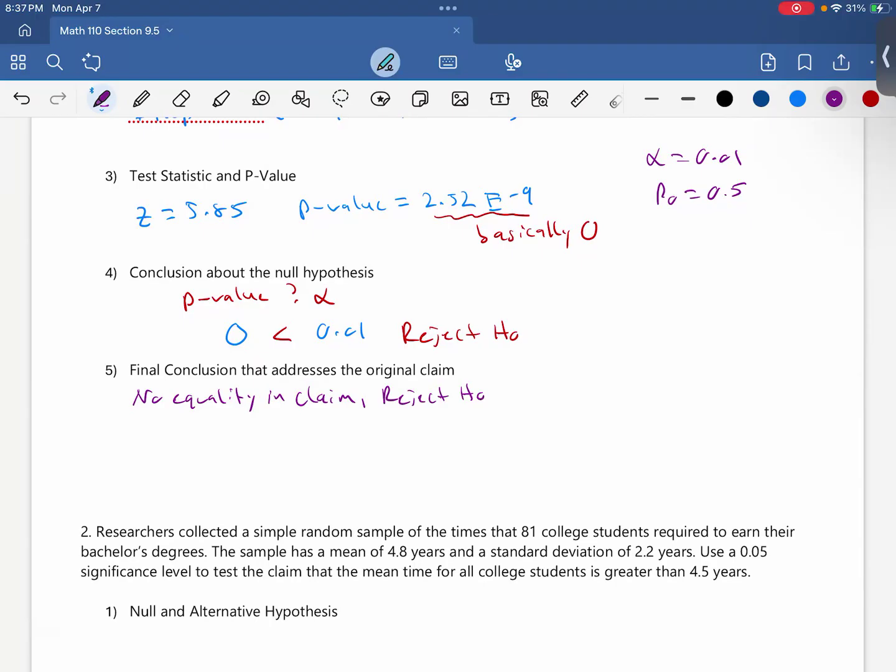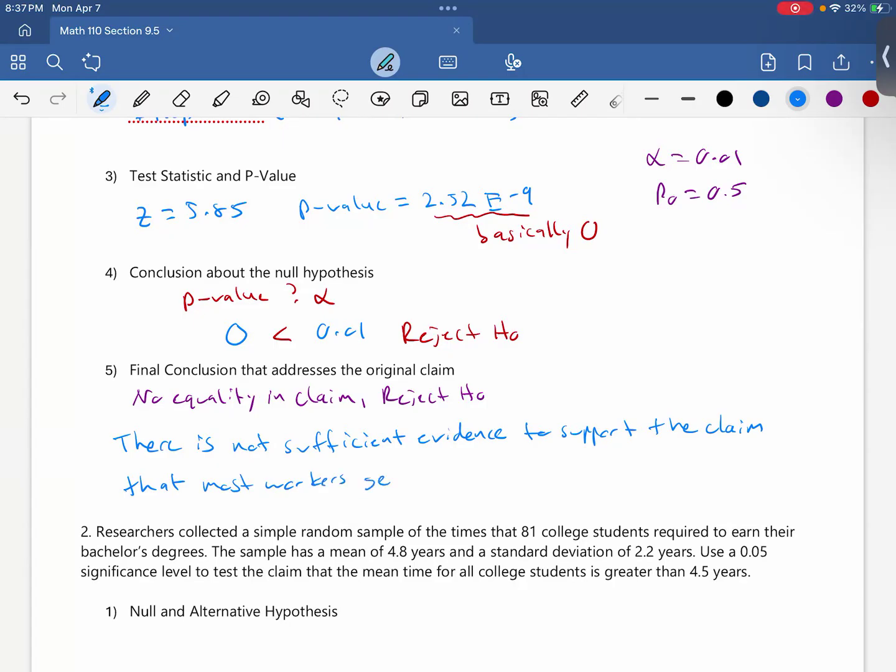So following along your conclusion table, what you should end up with is there is not sufficient evidence to support the claim that most workers get their jobs through networking.